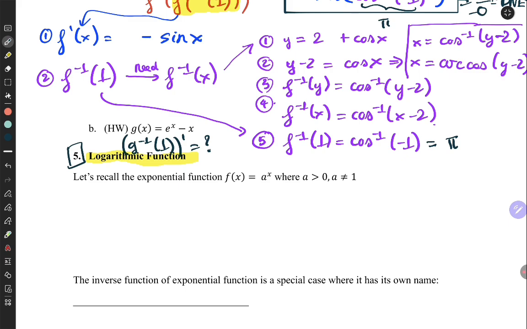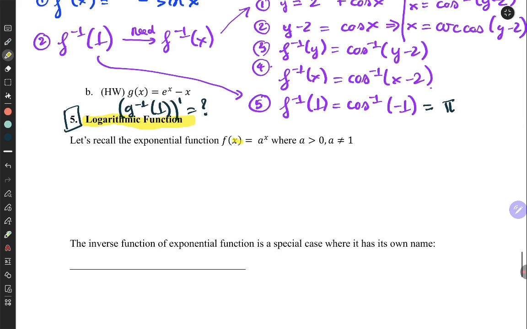This is the logarithm, and this is the exponential. So the logarithm is the inverse of the exponential. It has a special name too. Yeah, the name is logarithm. Instead of calling it the inverse of exponential, the special name is logarithm. Okay, any question?